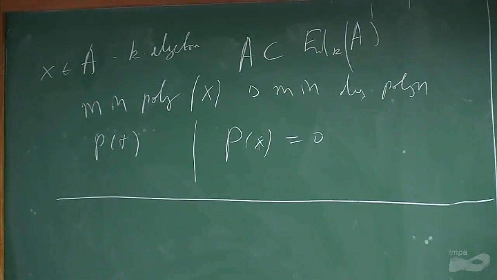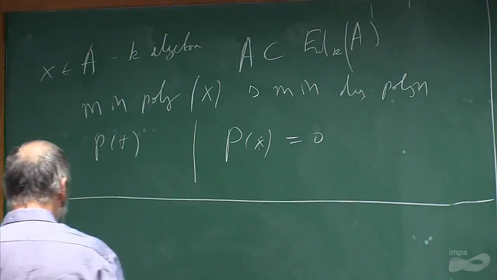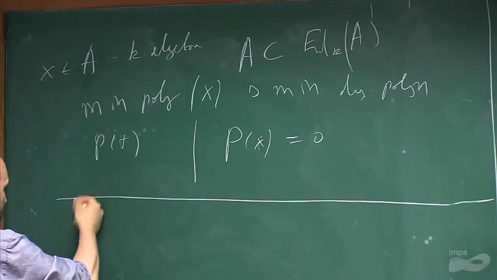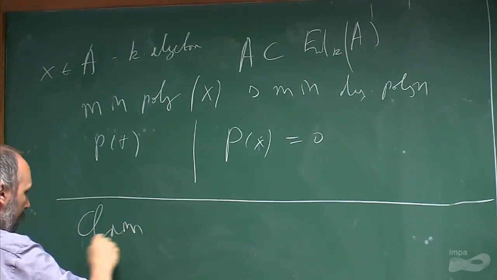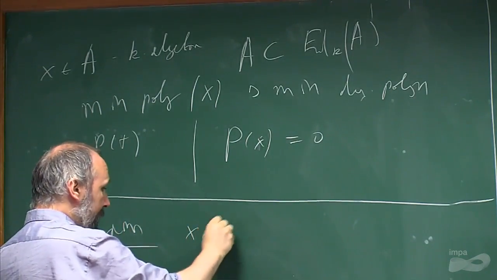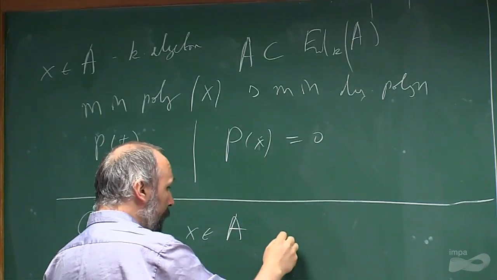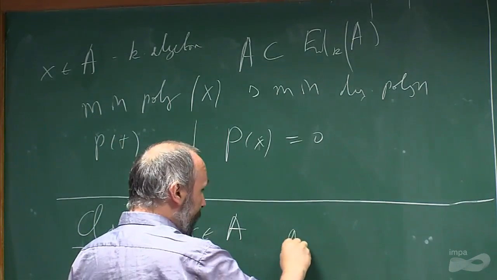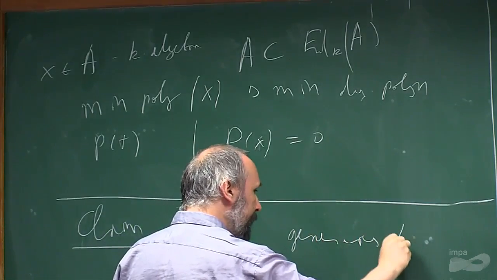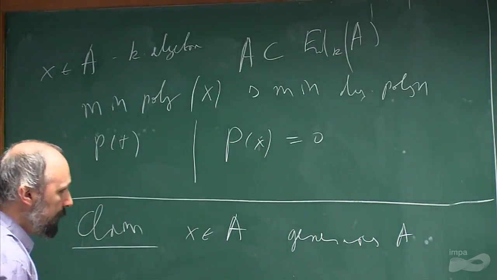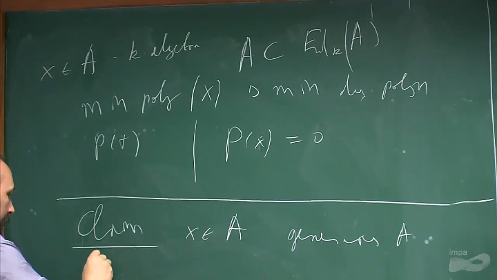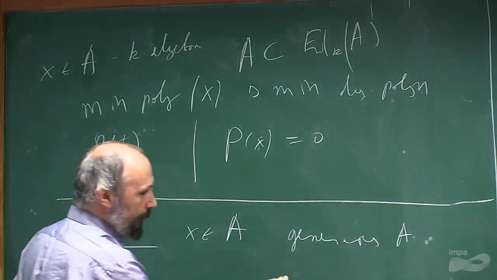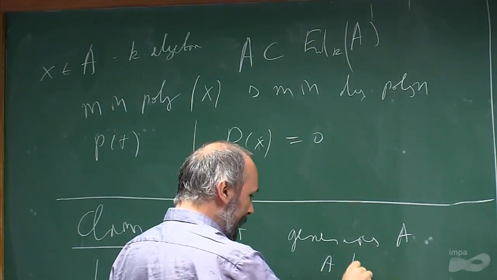Okay, the important thing about minimal polynomials is that if you know the minimal polynomial, you know your algebra. At least you know the algebra generated by x. So, claim: suppose that x inside A generates A, and now I'm assuming that A has unity.